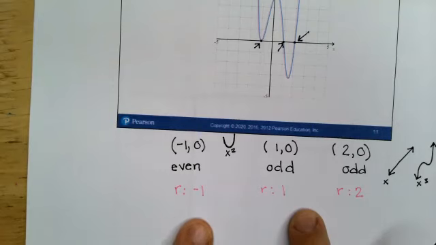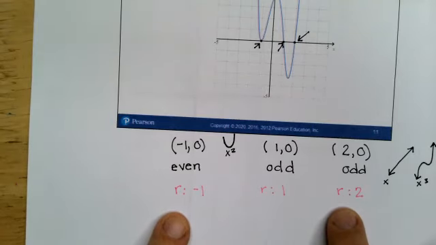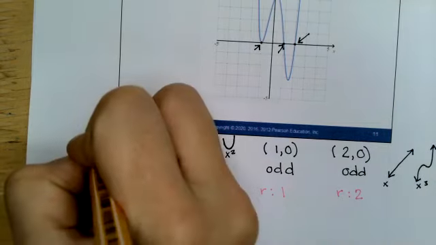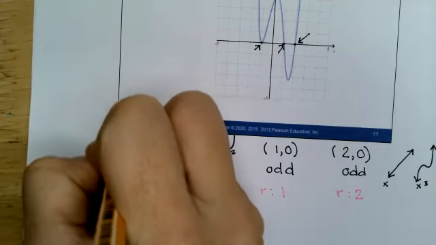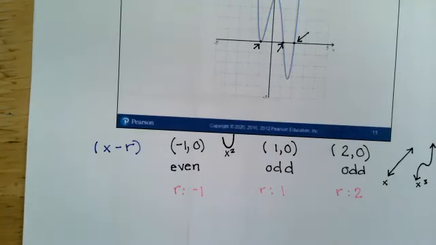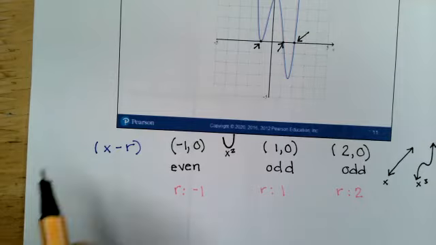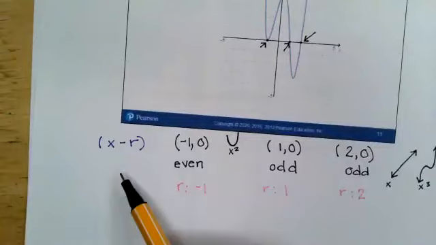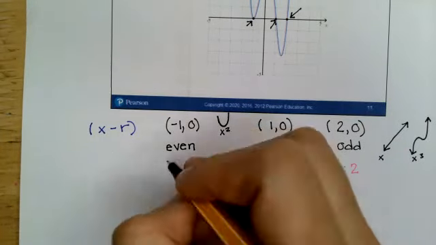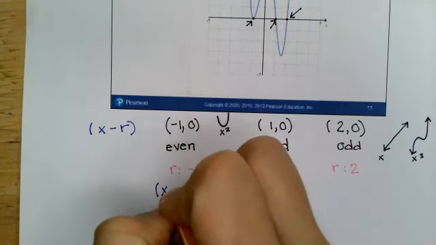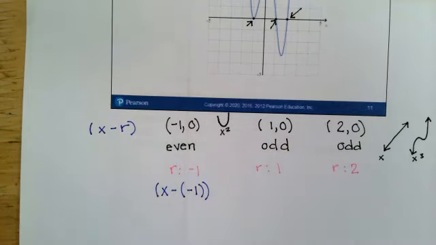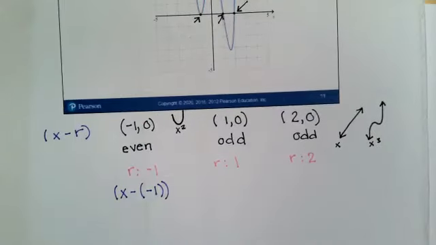So the real zero is where they cross the x-axis, okay? When we are trying to put it into the function, what do we do with the real zero? The real zero is combined with x, but it's negative. That's how we would write it as one of the factors of this polynomial. So if my real zero is -1, I take this in my factored form and say x minus -1 is one of the factors of this polynomial.